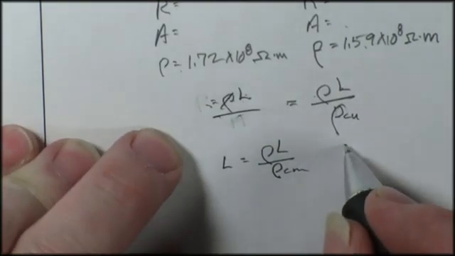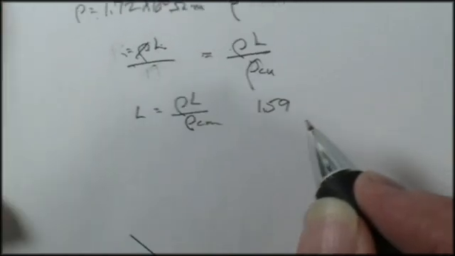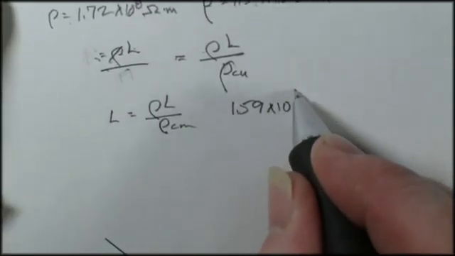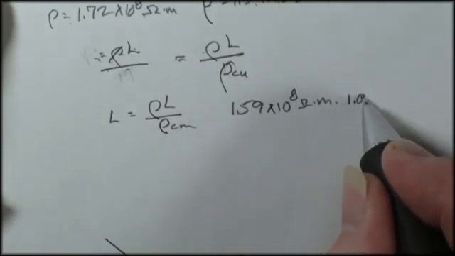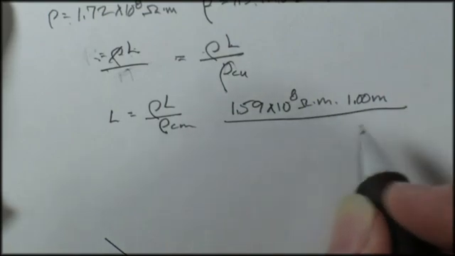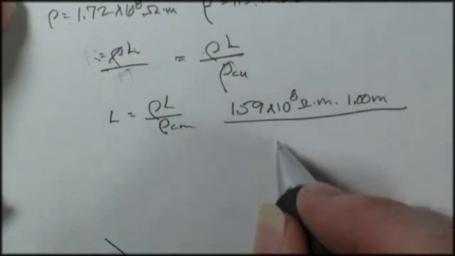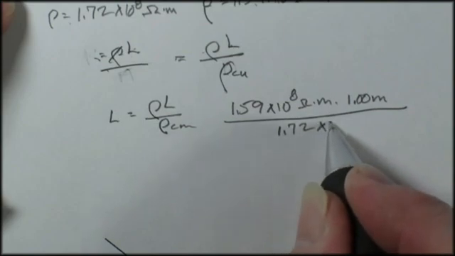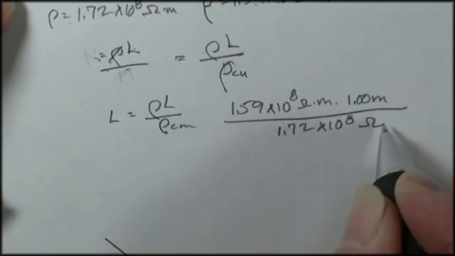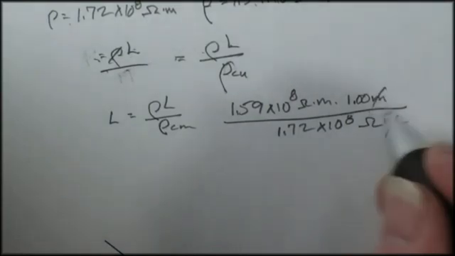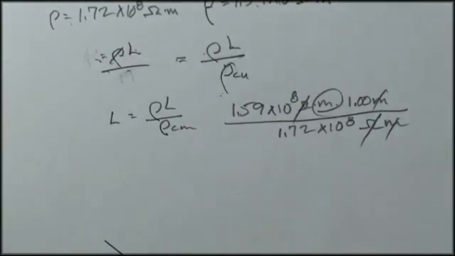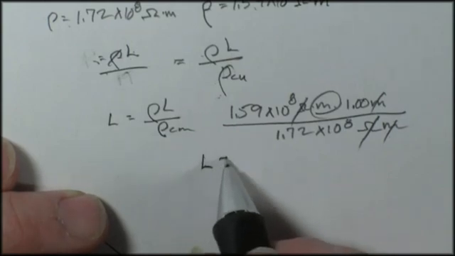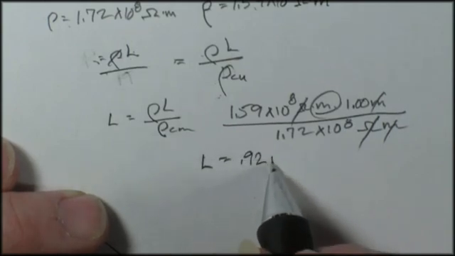And so I can plug this in: 1.59 times 10 to the minus 8 ohm meters times 1 meter, divided by 1.72 times 10 to the minus 8 ohm meters. Look at that, I got rid of that too. I'll be left with meters, which I'm hoping for because that's a unit of length. And I plug it into my calculator, and I'm getting a length equal to 0.92 meters.